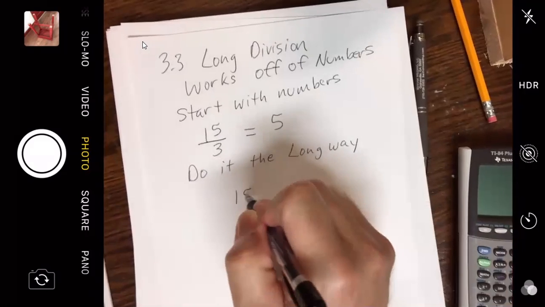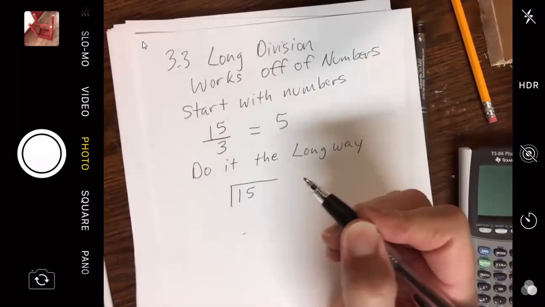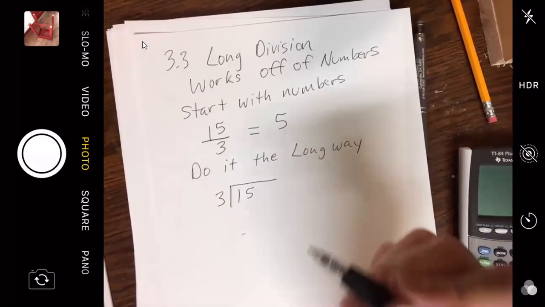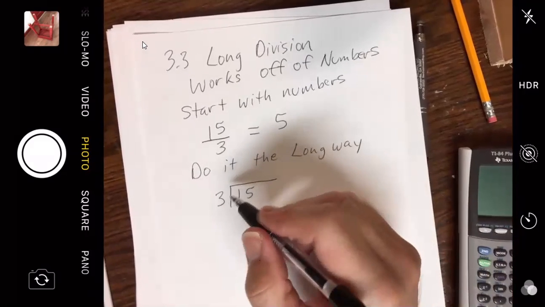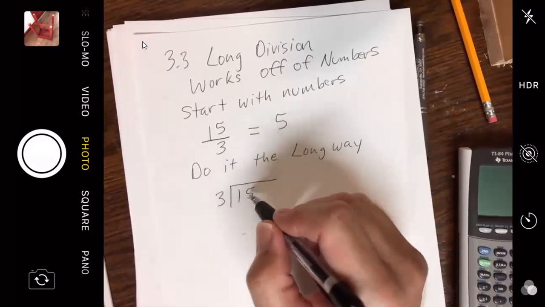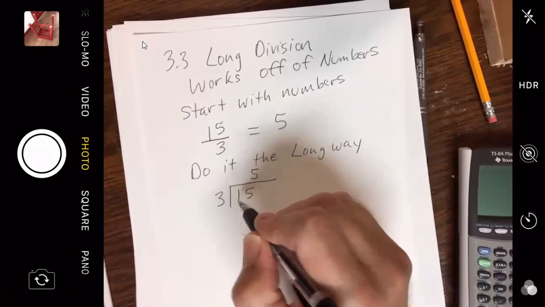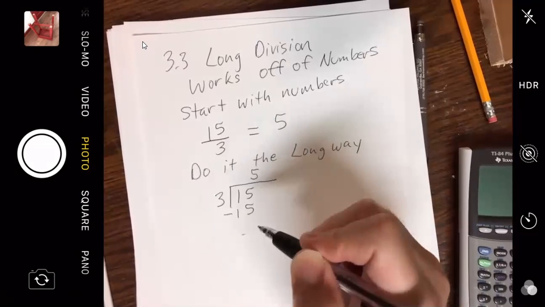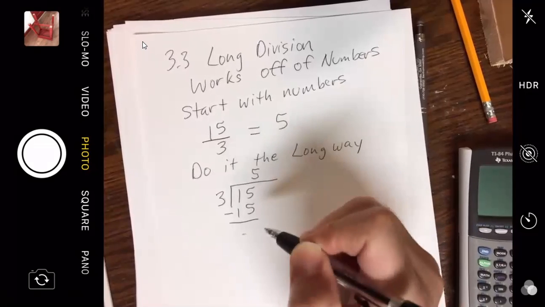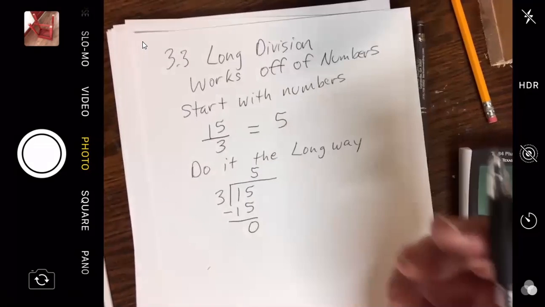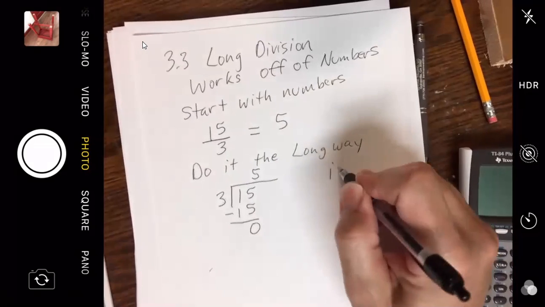You take 15, you put it under this division sign, you put the 3 out here. And you are now supposed to think, okay, well, 3 doesn't go into 1, but 3 goes into 15 5 times. You then multiply that back, that will give you 15. And you subtract and you get 0. Now this illustrates the 4 words you need to know.